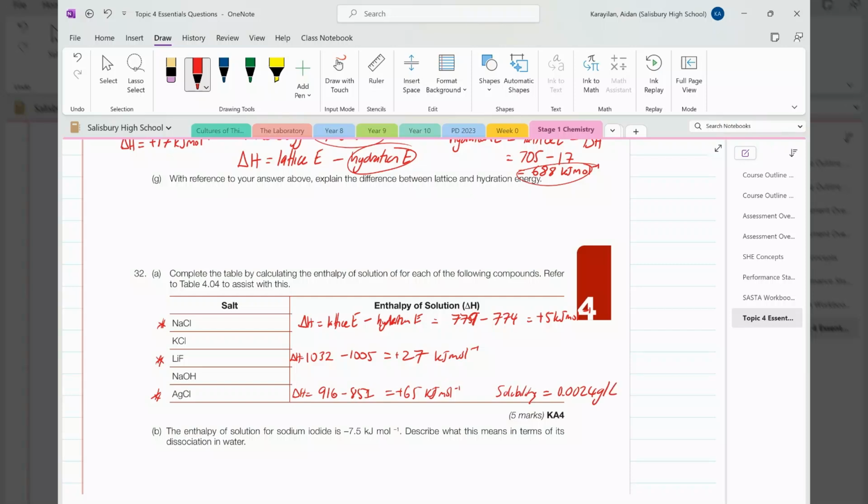The value for lithium fluoride is 0.027 grams, oh sorry, that is per 100 grams. So that is 10 times more, so 0.27 grams per liter.